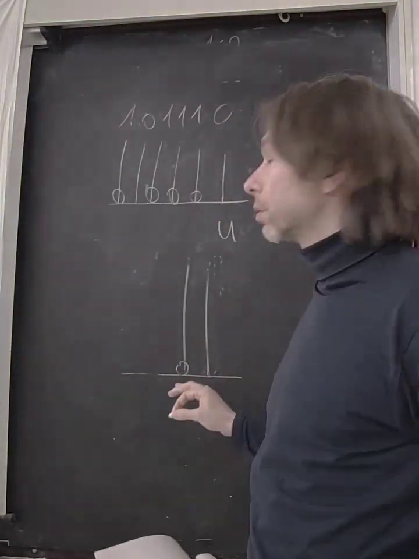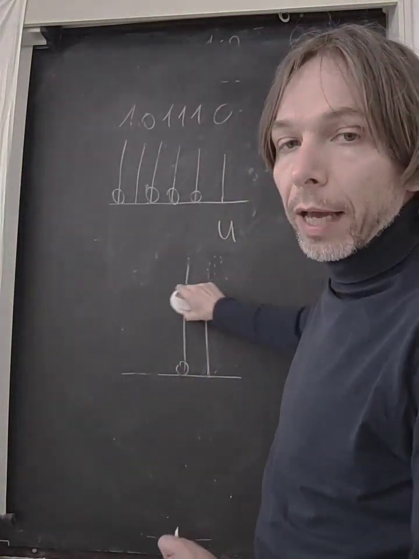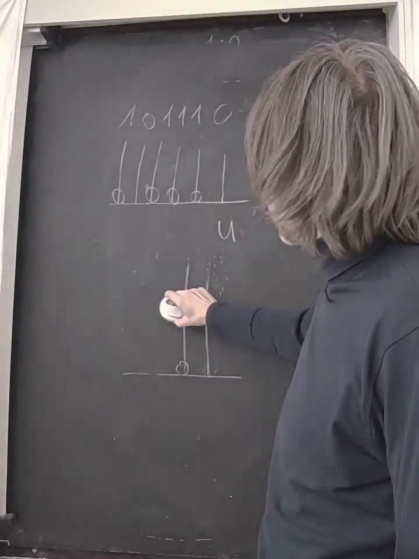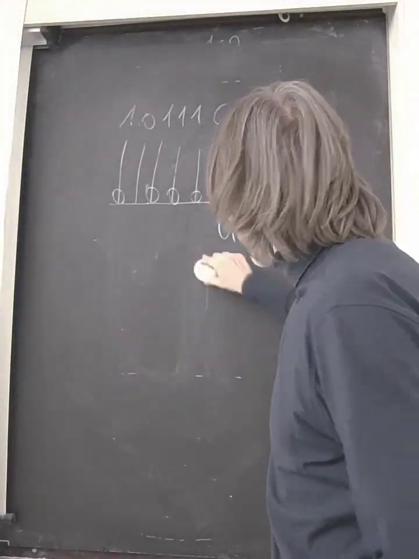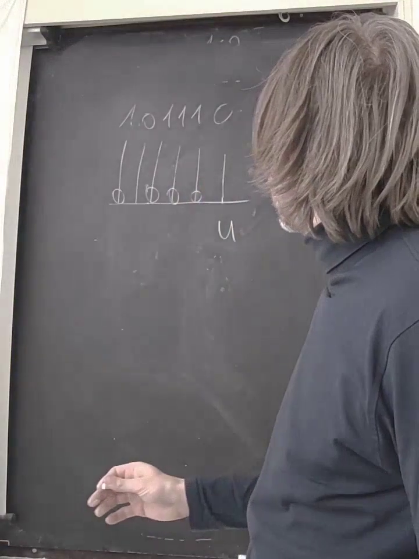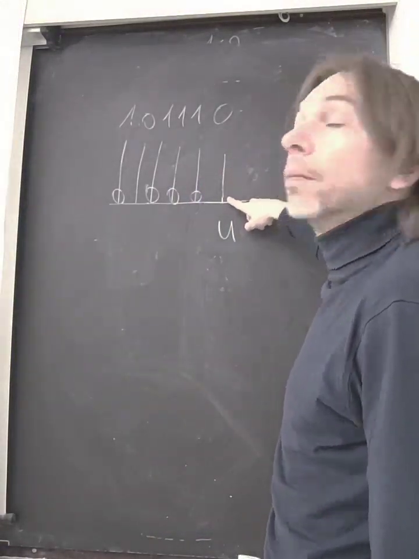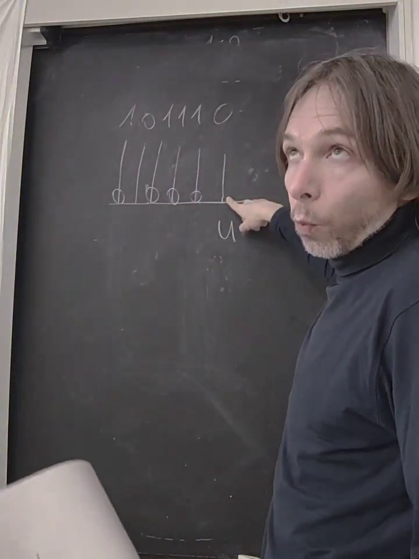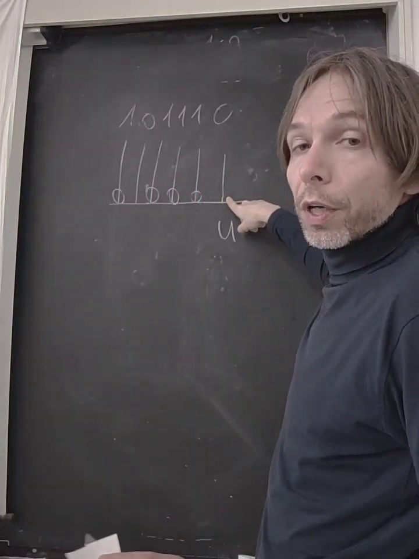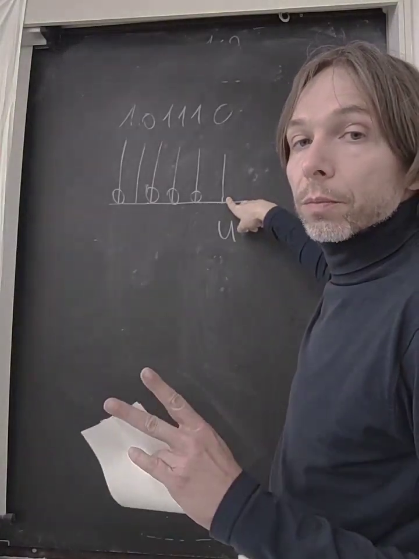I don't go 10 by 10. I just switch the needle. I put a ball on the next needle, going 2 by 2. So, 0 balls, 1 ball. I could put here 1 ball, but I can't put here 2 balls.